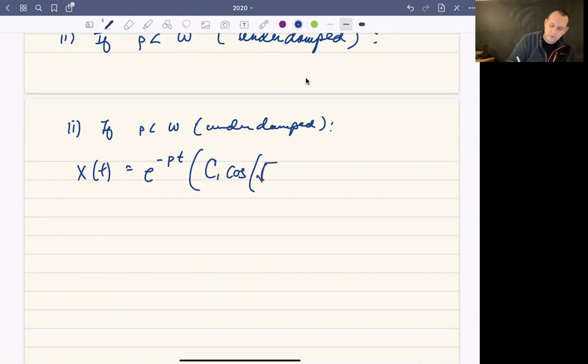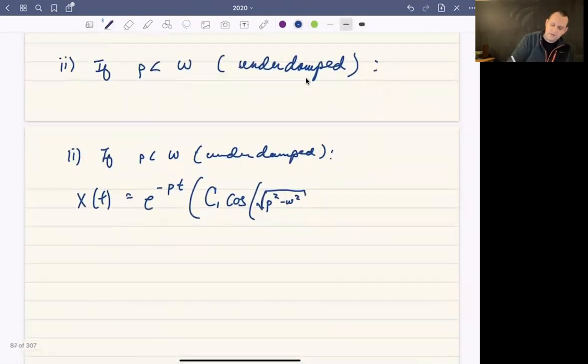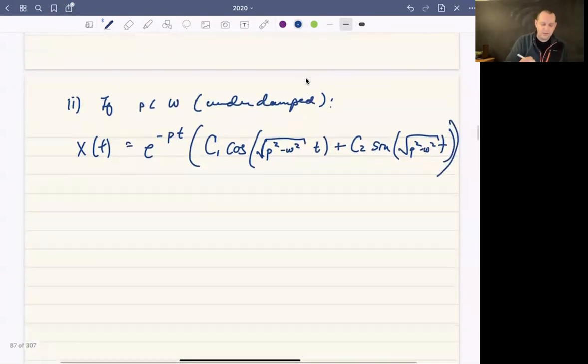It's kind of an annoying quantity to write down, but it's okay. The square root of omega squared minus p squared t plus c2 sine of the same quantity t. Hopefully I got everything in there correctly. But that's what happens when it's underdamped.